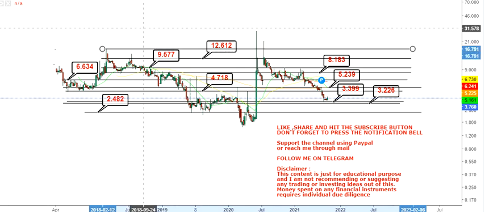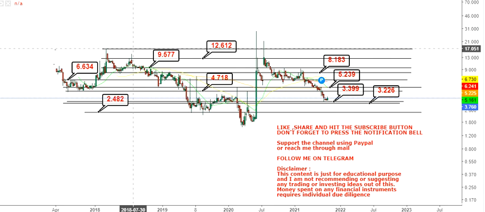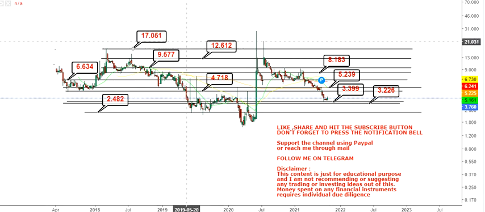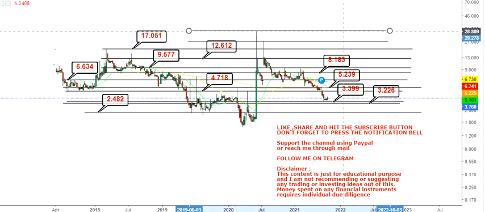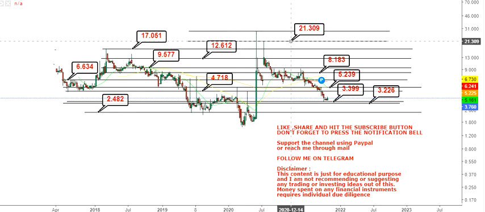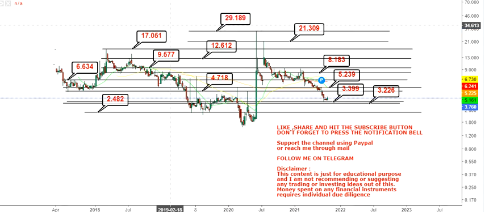Beyond 12.61 you have $17, and beyond $17 we have two more levels to look at, and those are these levels. So beyond $17 we have 21, and we have the big target of $29.